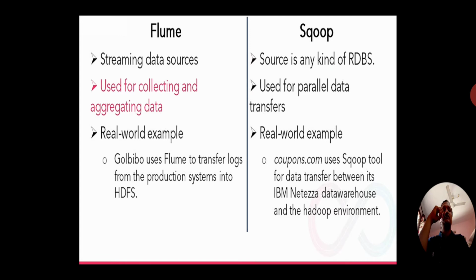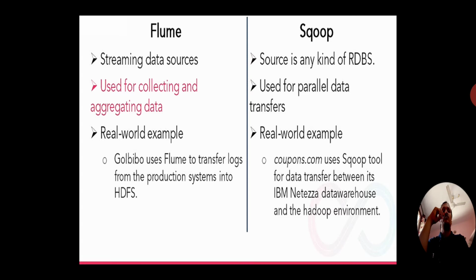There are other tools also in the Hadoop ecosystem. One of the important tools is Sqoop, and Sqoop's job is also similar to Flume. What is the difference between Sqoop and Flume? Sqoop's source is any kind of RDBMS.